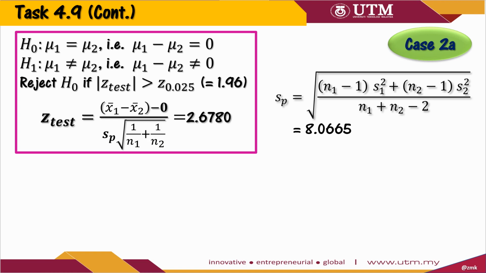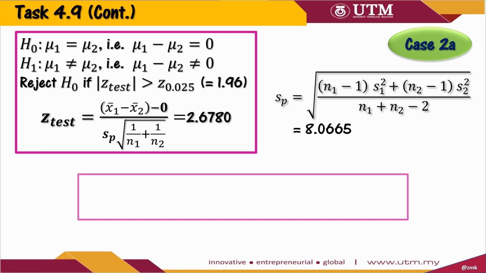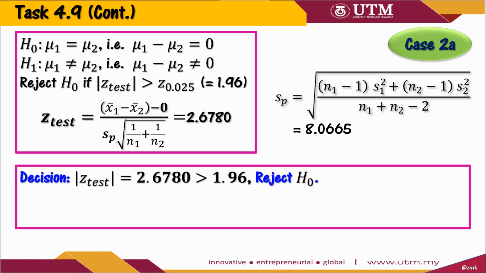Now we can compare the modulus of Z-test with the critical value 1.96. Obviously, the modulus of Z-test, which is 2.6780, is much greater than 1.96.